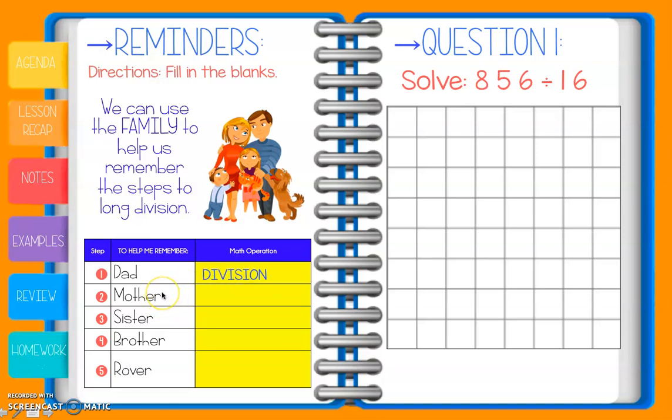The M in mother means that we're going to multiply next. Sister means next we're going to subtract. Brother, the B in brother, reminds us to bring down. And then our last one, for rover, the R, tells us to repeat if we have more numbers to go, or to keep it as a remainder if we don't have any numbers left.